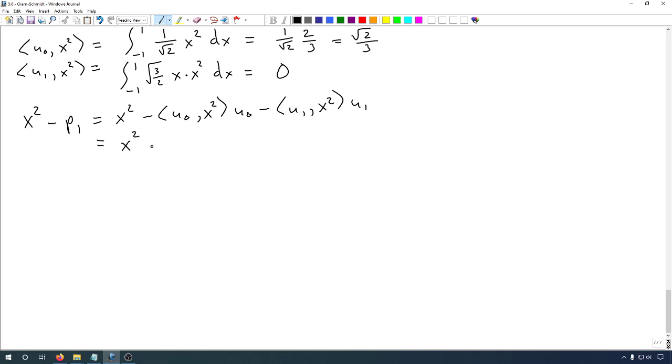So we have x squared minus this inner product, square root 2 over 3, times u0, but u0 was 1 over square root 2. So ultimately we get x squared minus 1/3. Of course, that's not a unit vector. We have to go a little bit further. We need to take its norm.